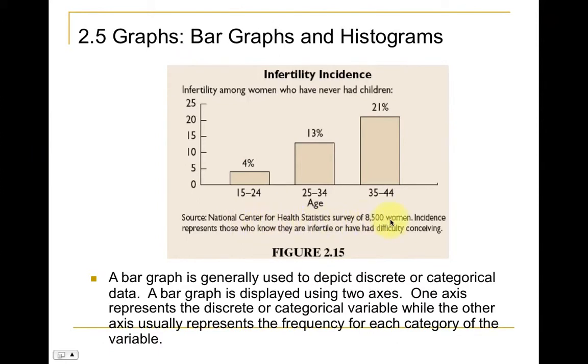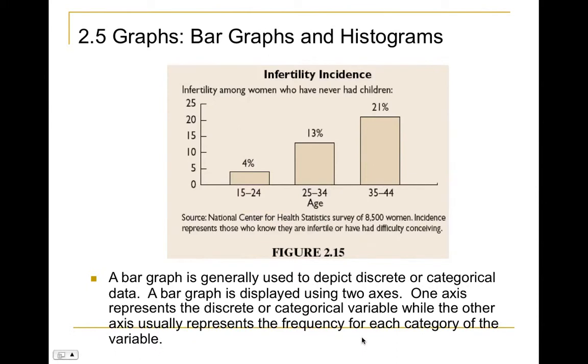So this is a sample of 8,500 women. Incidence represents those who know they are infertile or have had difficulty conceiving. So we're looking at a sample of data, and we don't see the specific data values when we look at a bar graph. All we see are the groupings.